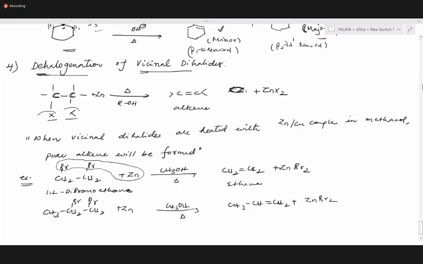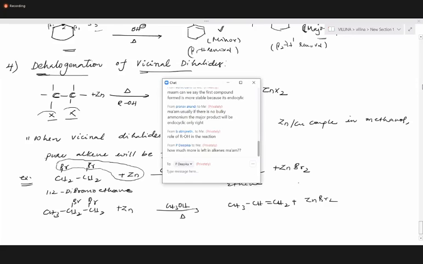How can we justify the alcohol's presence? Br minus, Br minus, OH. Probably it will help the zinc, like zinc is a metal, right? Probably it will help the reaction to move forward.